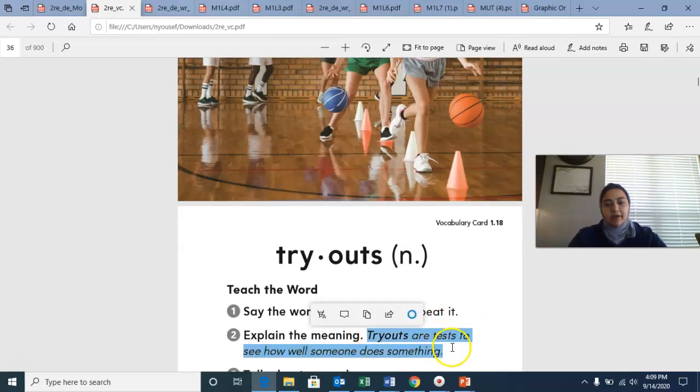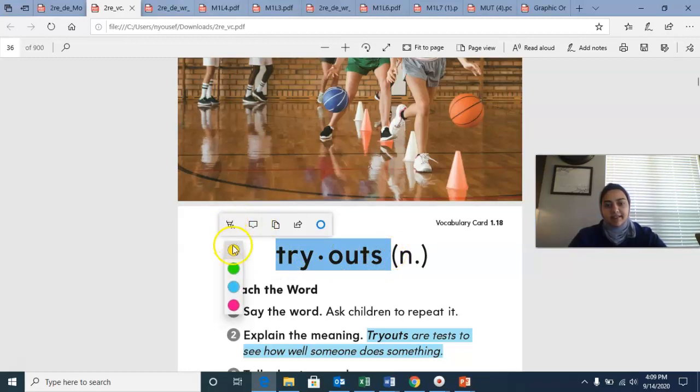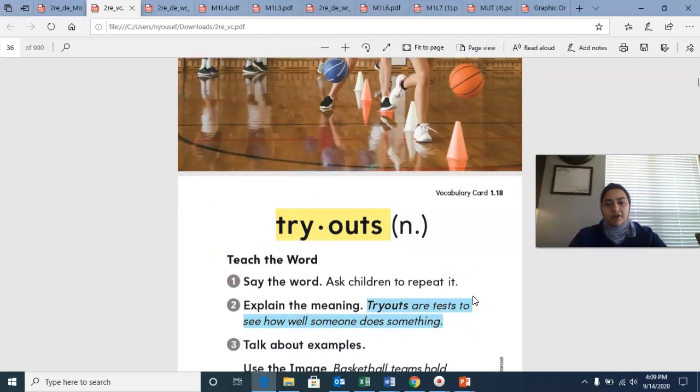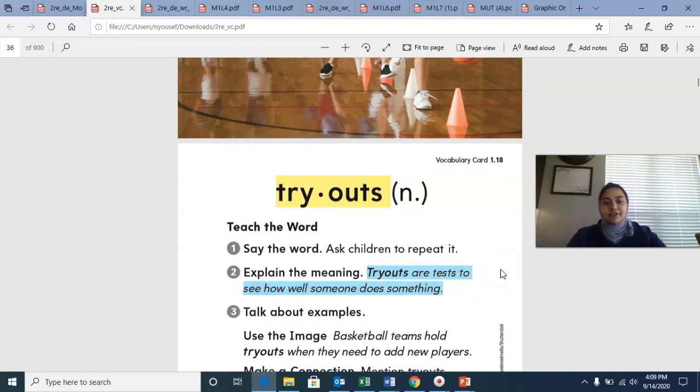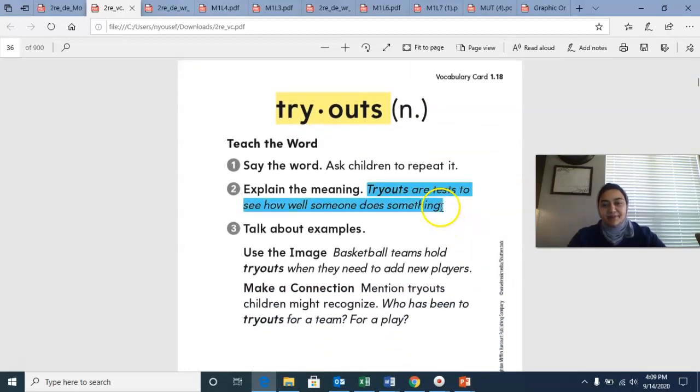Before you can make the basketball team, you have to try out, and then the coach determines if you're good enough to be on that team or if you need to practice more. Maybe you've seen that on TV or read it in a book. Oh, I have to stay after school today for tryouts. What are you trying out for? I'm trying out to be on the soccer team. So that's what tryouts are. If you need to pause the video, you can pause it now.